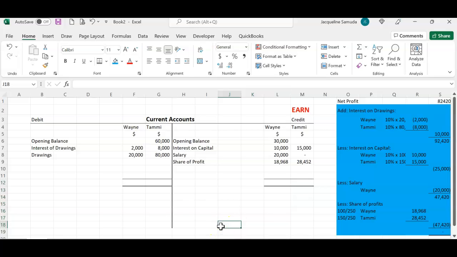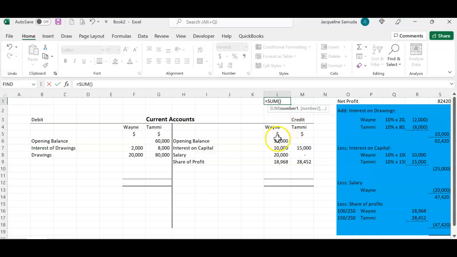So let's use this as an opportunity to remind you how to balance an account. So let's look at Wayne's figures first. This is Wayne's debit side, and this is Wayne's credit side. And when I look at Wayne's account, the credit side looks bigger. So it means then that we can add up this figure. Let me add it up here.